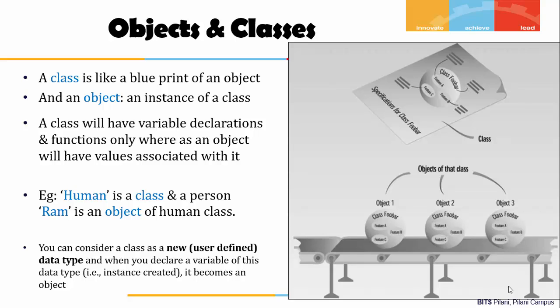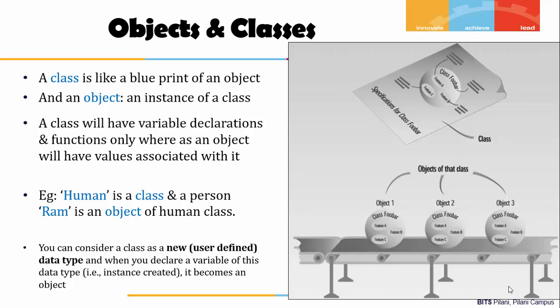If you see this example, human is a class. So all the variables and functions will be defined in that class. Whereas a person, Ram, for the matter we have taken Ram, is an object of the human class. So the value associated with that is given by Ram.